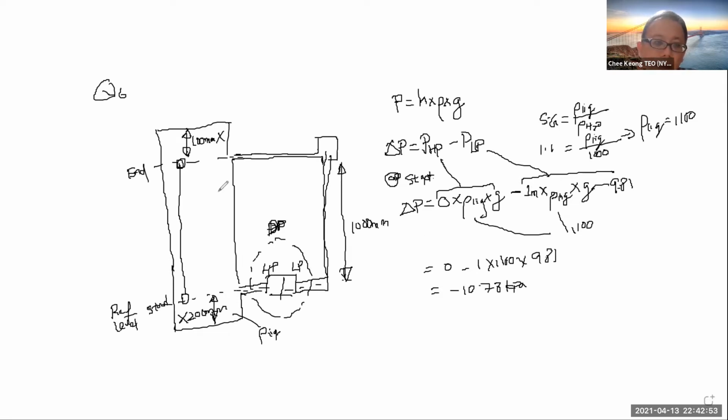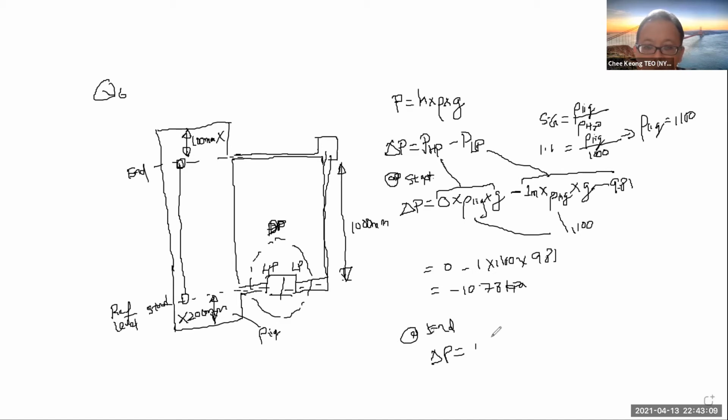Now what about at the end? At the end, of course, your delta P is calculated differently. Now you have height, you have height of 1000 as well.